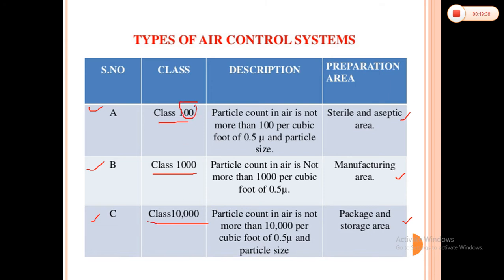So what is 100, what is 1000 and what is 10,000? It is the particle count in air. It should not be more than 100 particles per cubic foot of 0.5 micron particle size. That has to be maintained.